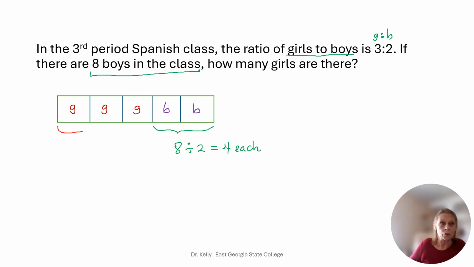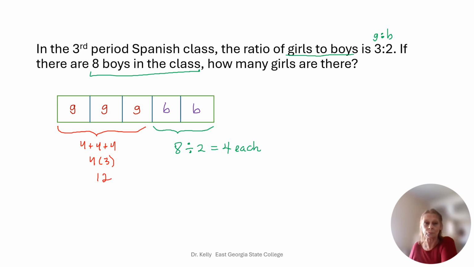First, we could just straight up count them, right? 4 plus 4 plus 4, which is also 4 times 3. That's probably the easiest way, which is 12.